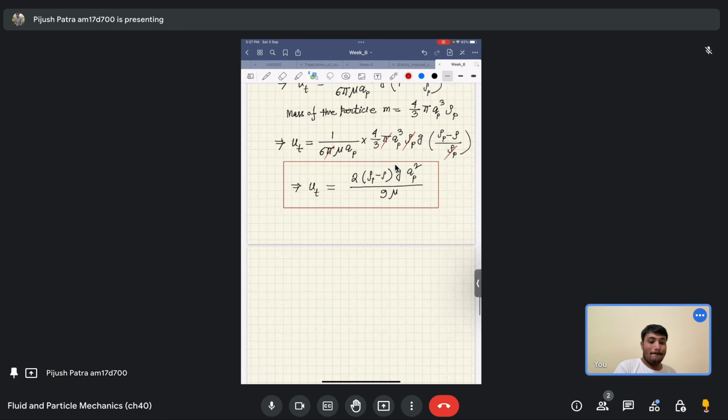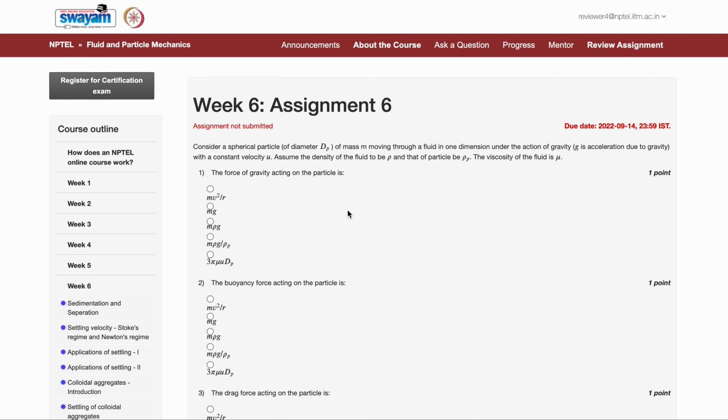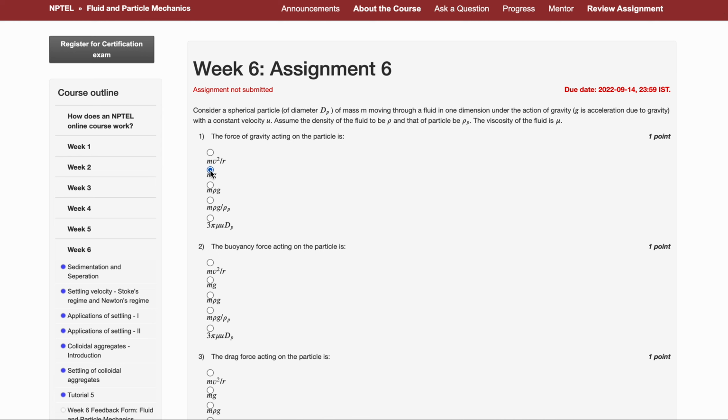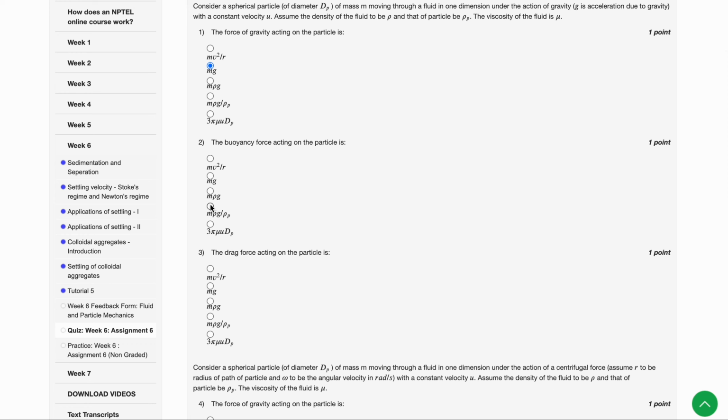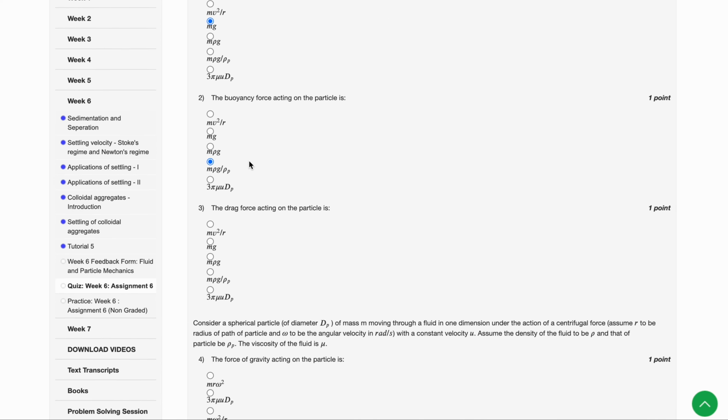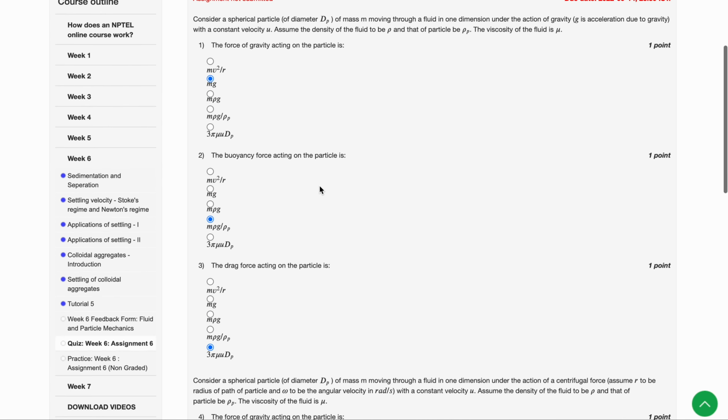Now let me go to the problem. So what is asked here? The first question they asked, the force of gravity acting on the particle, is simply mg. The buoyancy force acting on the particle is m rho g divided by rho p, and the drag force acting on the particle will be this. So it's a very simple 3 marks question.